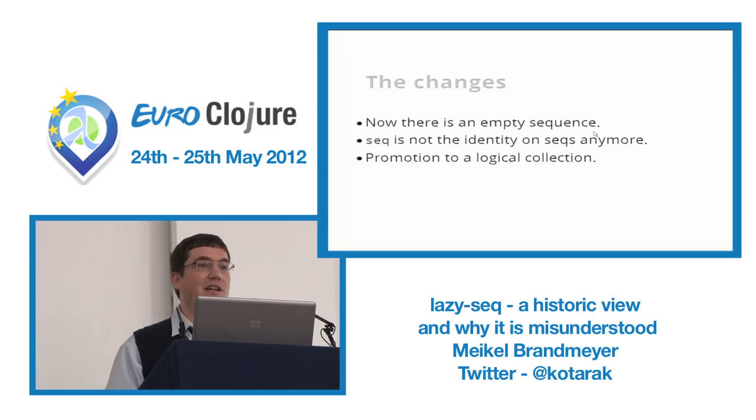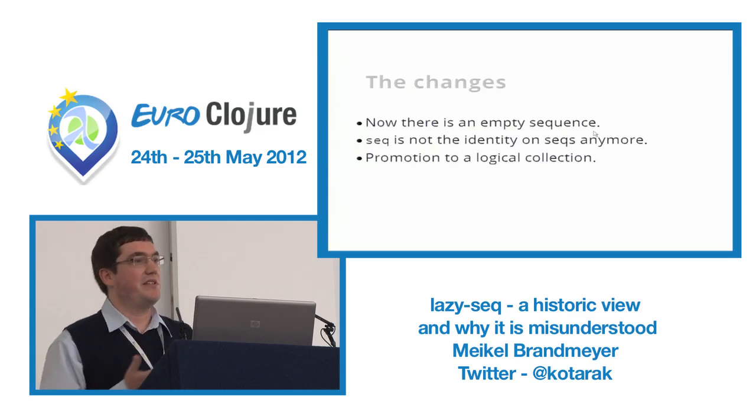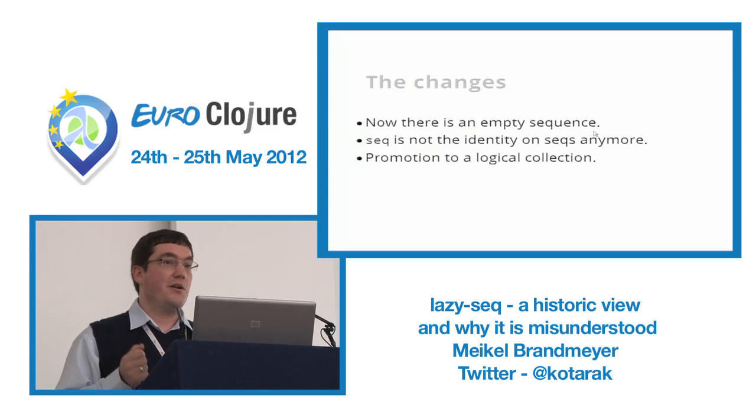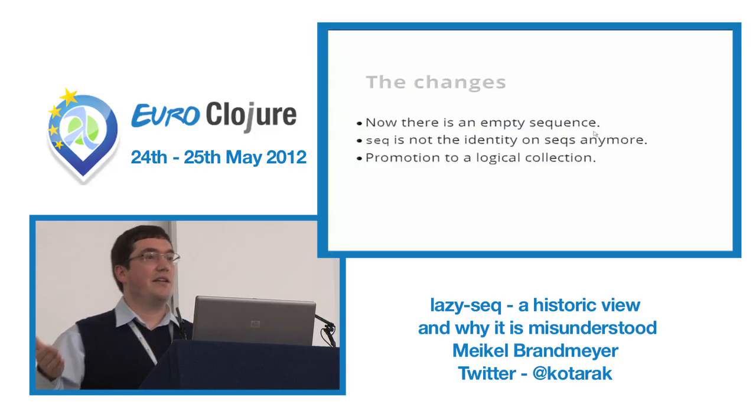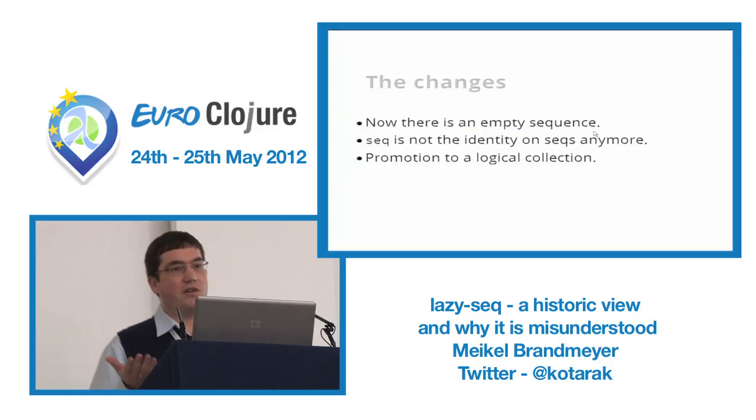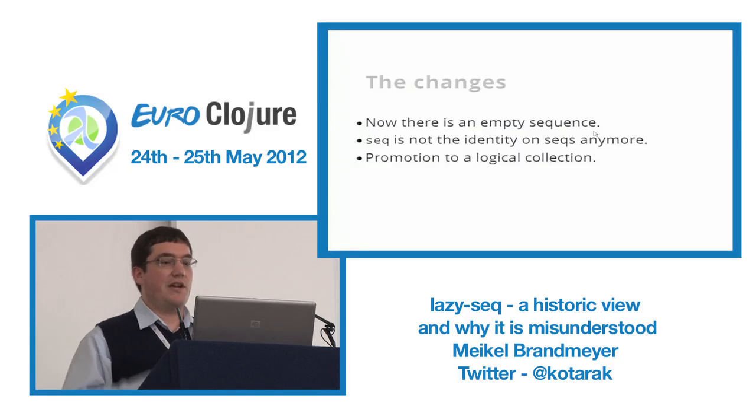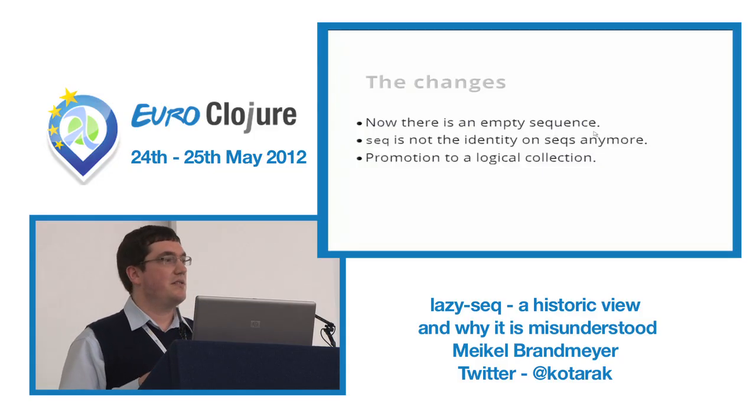Take, for example, lazy-seq nil. It would be the empty sequence, but we don't know, because to know we have to realize the sequence. Up to now, it's only a promise that we get something. So when we do seek on the sequence, it's not the identity anymore.